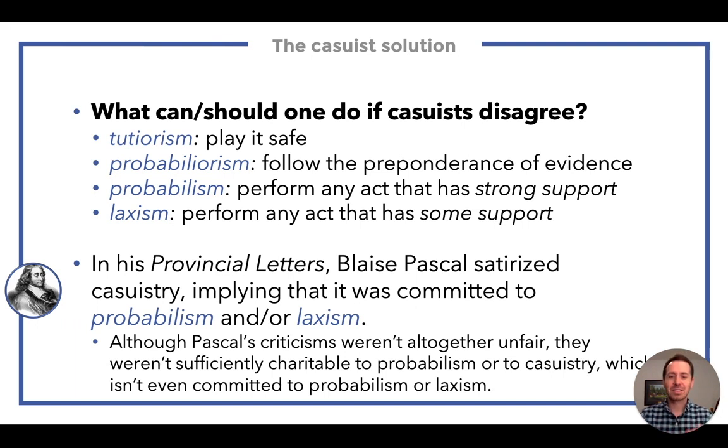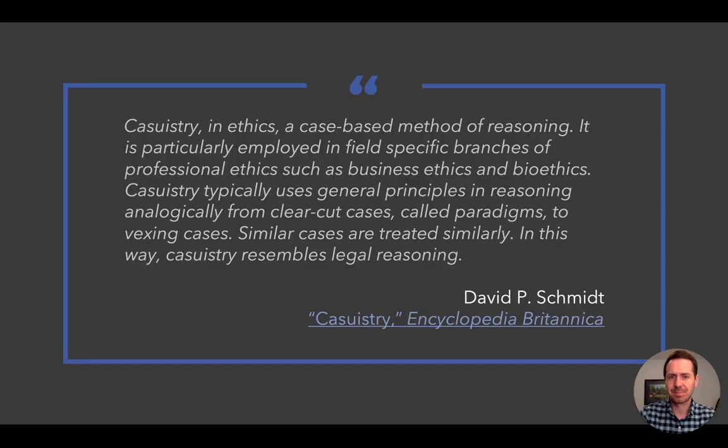Now, Pascal's criticisms weren't altogether unfair, but they definitely weren't sufficiently charitable to probabilism or to casuistry, which isn't even committed to probabilism or laxism. So you could be a casuist and a probabiliorist, I guess the term would be. And so that view seems perfectly fine. So there doesn't seem to be anything wrong with casuistry necessarily.